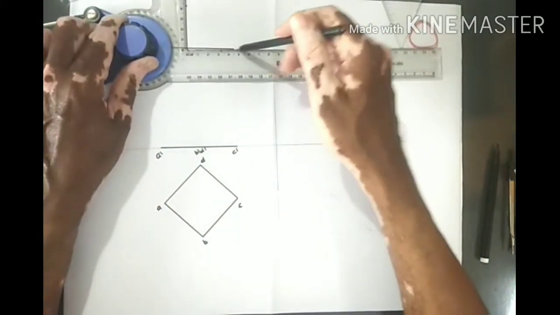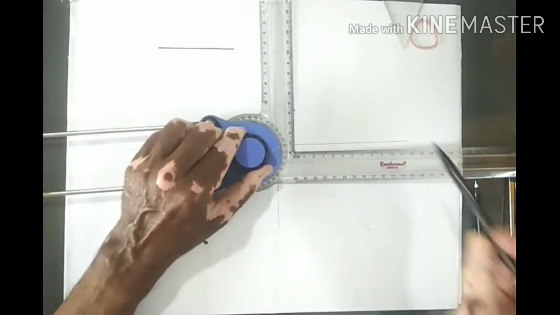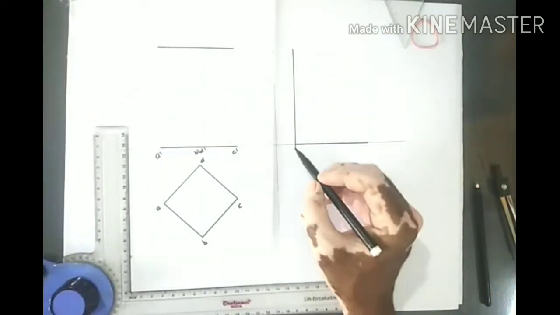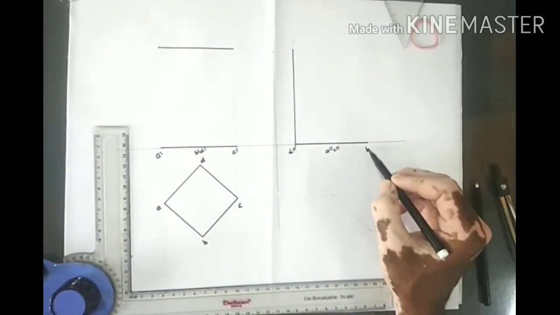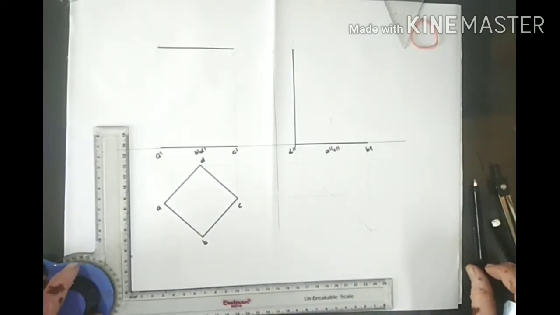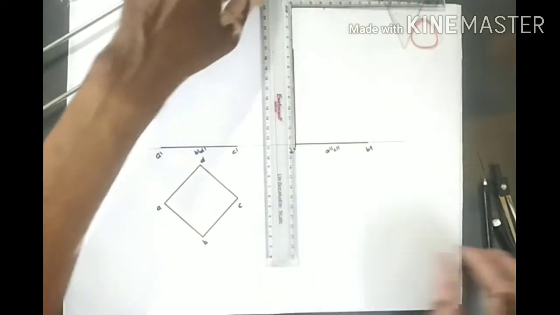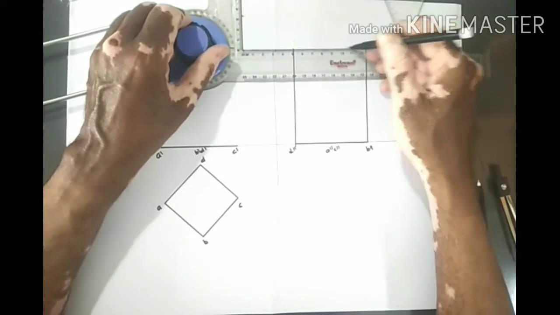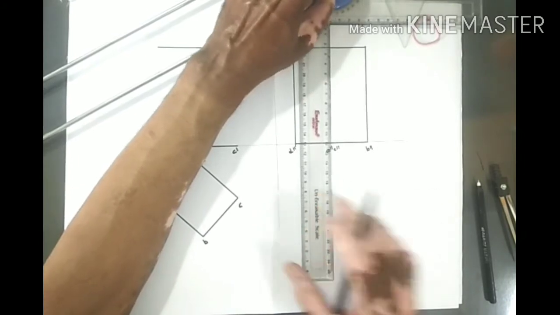So height is projected from here. So this is square prism base. So this D double dash, this A double dash, C double dash, and this B double dash, and prism will be like this, and this is an axis of the vertical prism.